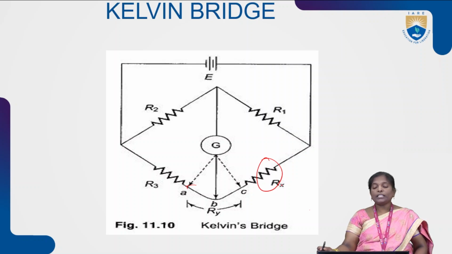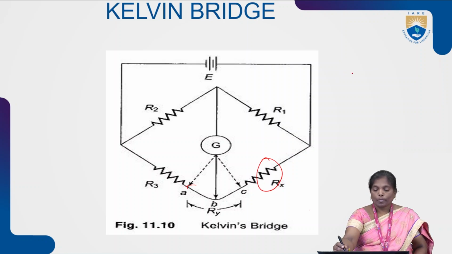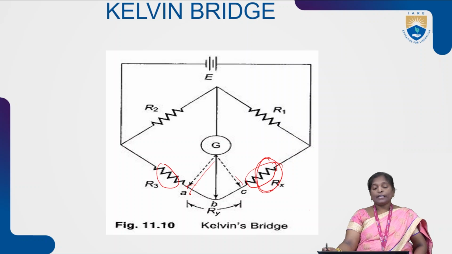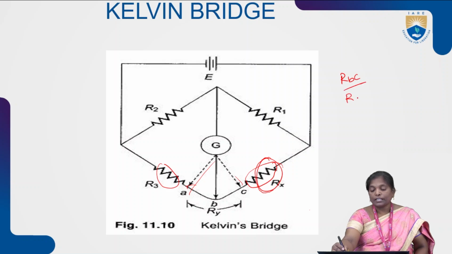In the Kelvin bridge, the balanced bridge condition can be obtained as follows: if instead of Rx and R3 we only have two terminals, point C and point B, then the balanced bridge becomes RBC by RAB equal to R1 by R2.